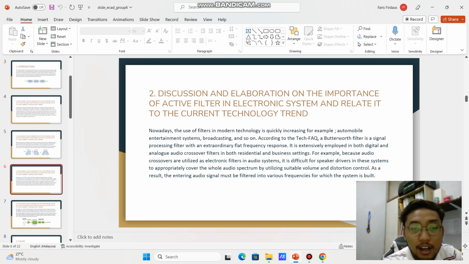For example, audio crossovers are utilized as electronic filters in audio systems. It is difficult for speaker drivers in these systems to appropriately cover the whole audio spectrum with suitable volume and distortion control. As a result, the entering audio signal must be filtered into various frequencies for which the system is built.